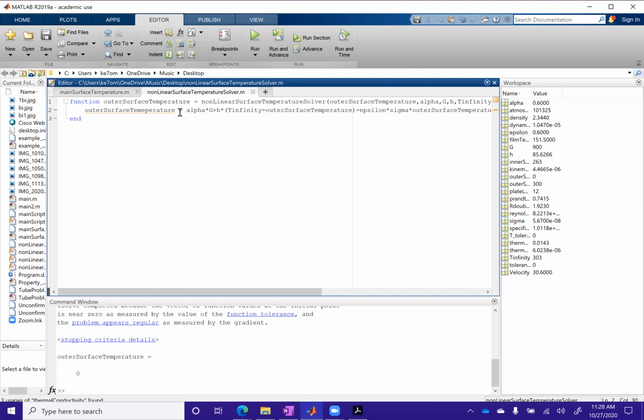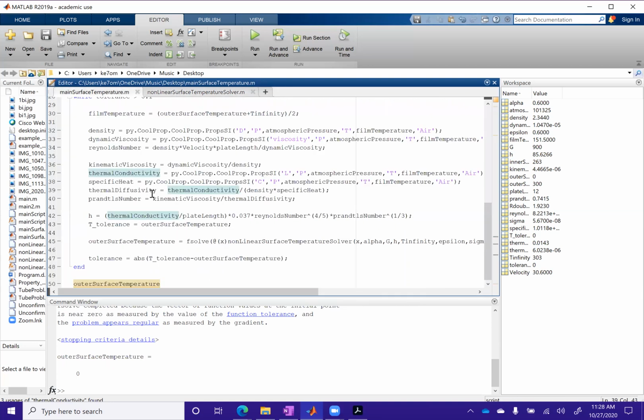The outer surface temperature equal to alpha times G plus H times T infinity minus outer surface temperature, minus epsilon sigma outer surface temperature raised to the fourth, minus outer surface temperature minus inner surface temperature. Okay, that all looks good. Yeah, let me just double check some of this.